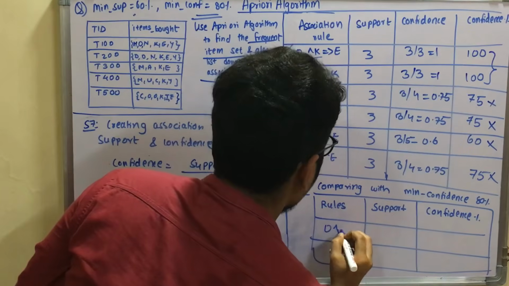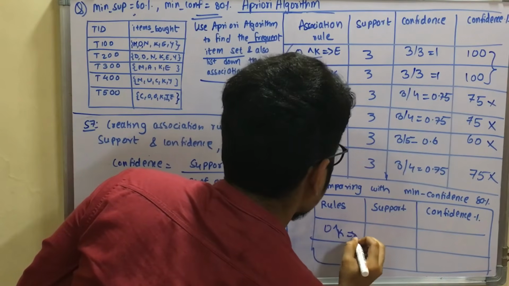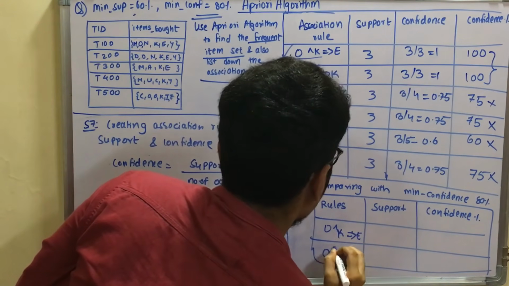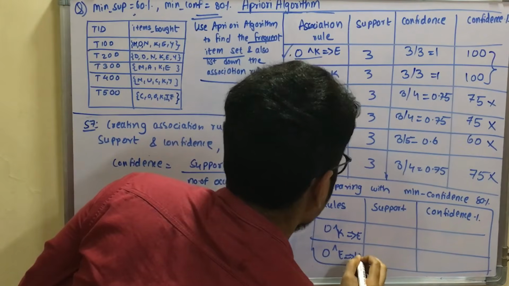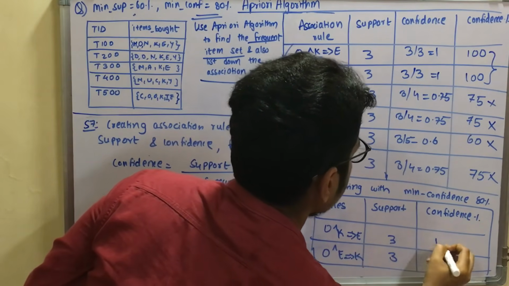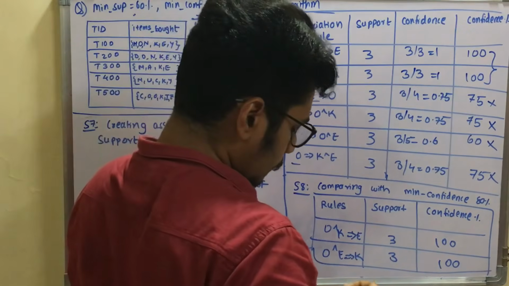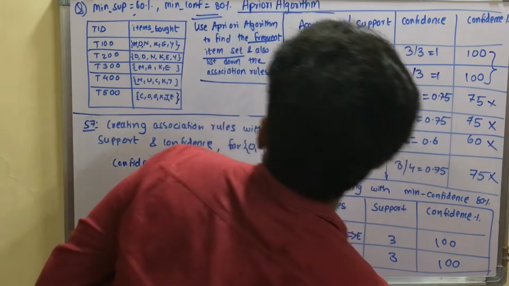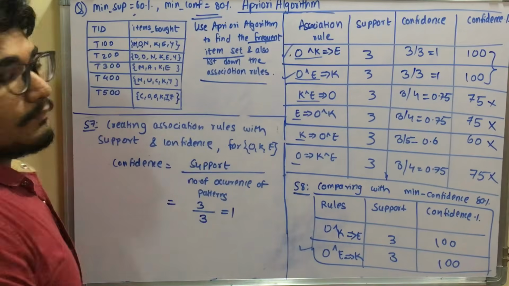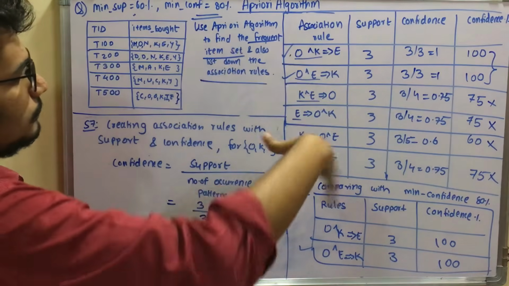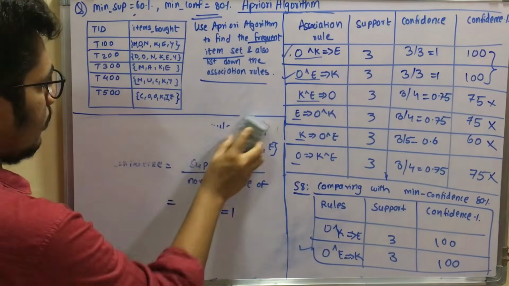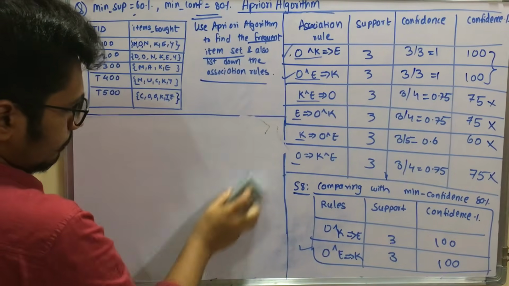So it will be O and K gives you E, and O and E gives you K. Support is 3, and this is 100%. And so this is how you solve frequent item set mining with the Apriori algorithm, and also list down the association rules. And finally you have to write the statement for this.